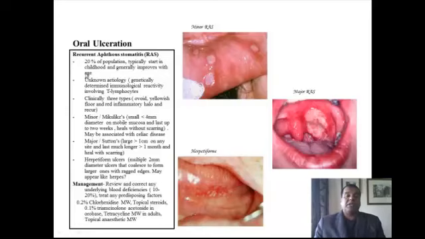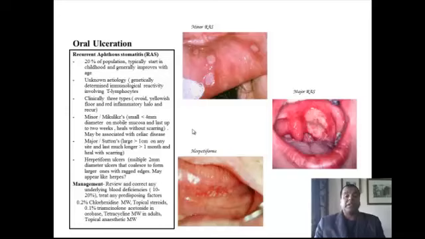Recurrent aphthous dermatitis can occur in up to 20% of the population, typically starts in childhood, and generally will improve with age. Usually there's an unknown etiology, but it's suggested to involve a T lymphocyte mediated immune reaction.